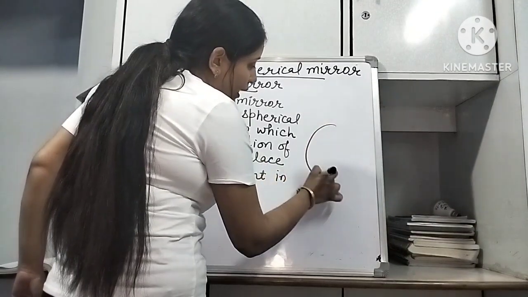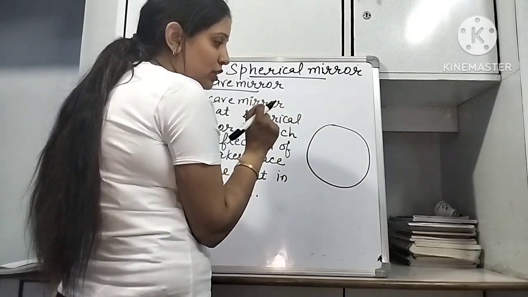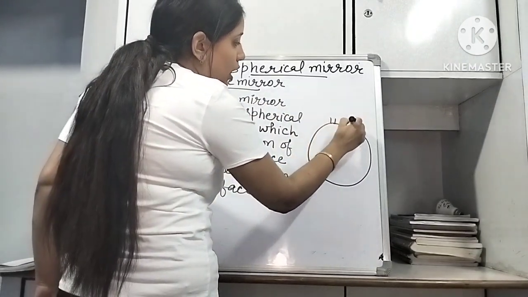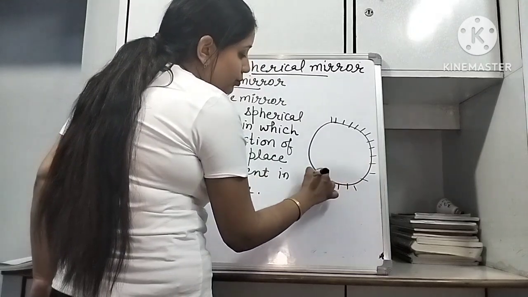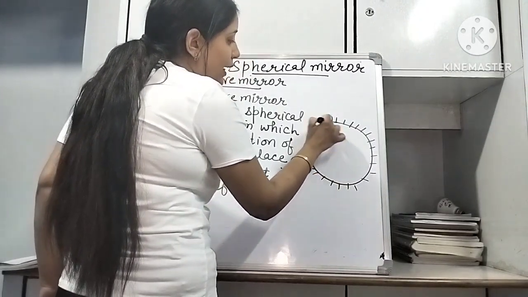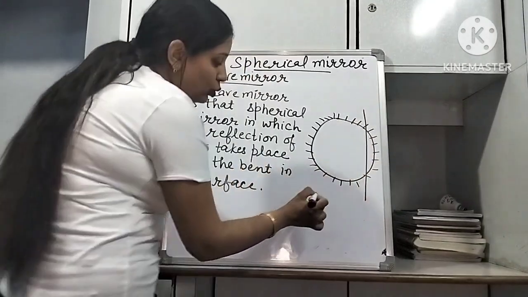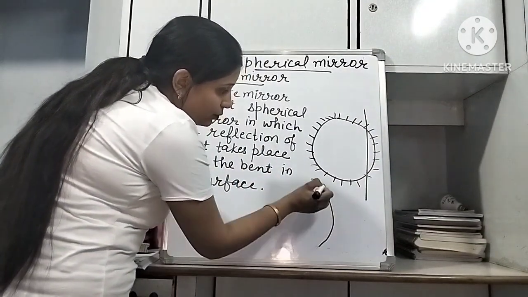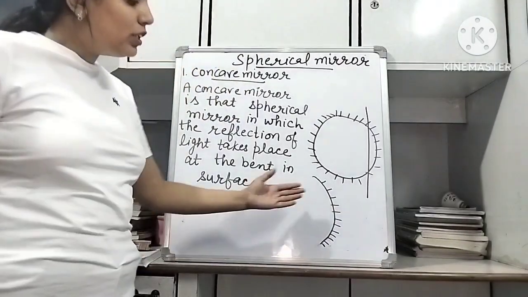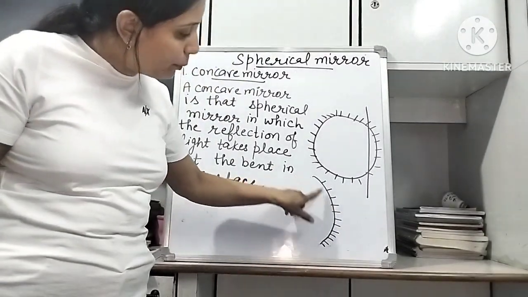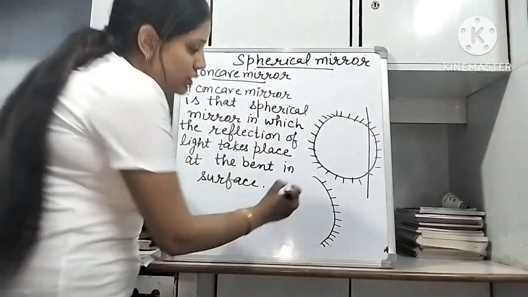With the help of a diagram, firstly this is a hollow glass sphere. If we consider the outer side as the back side of this hollow glass sphere and the inner side as the reflecting side, and we cut from this, the mirror formed is known as a concave mirror, whose bent-in surface is the reflecting surface.